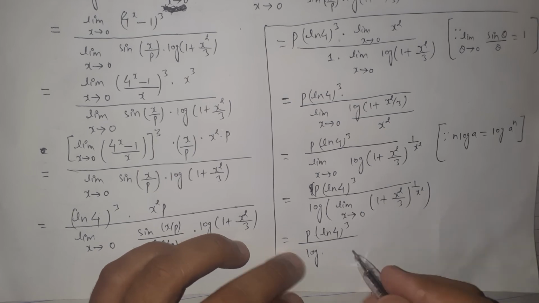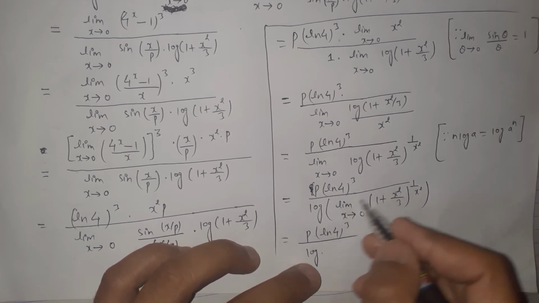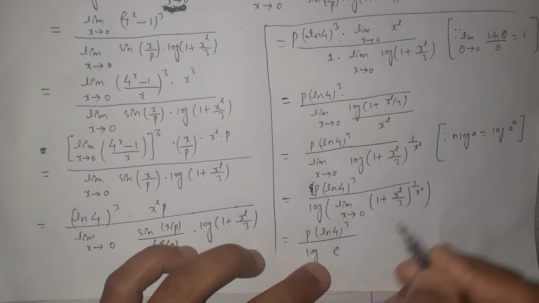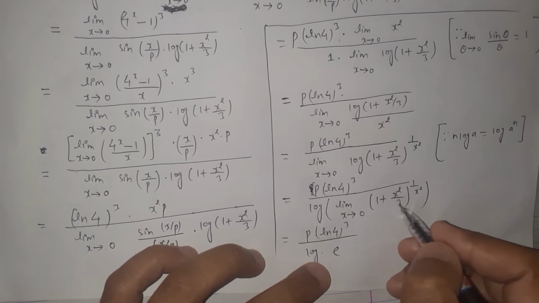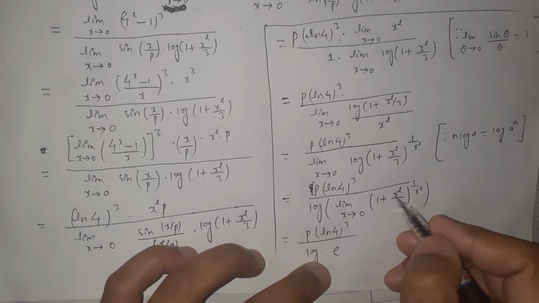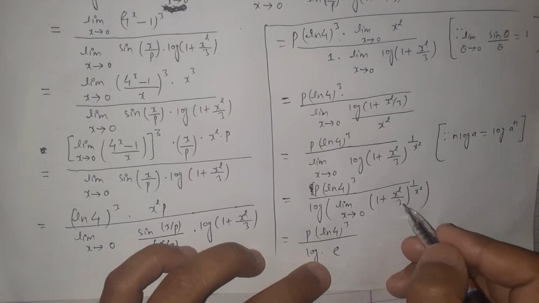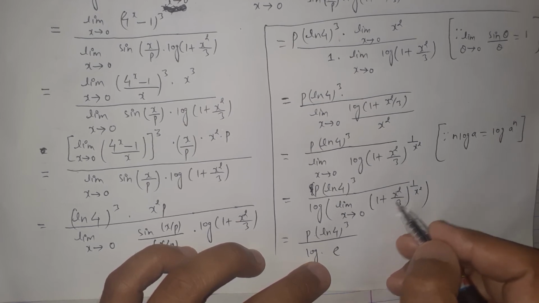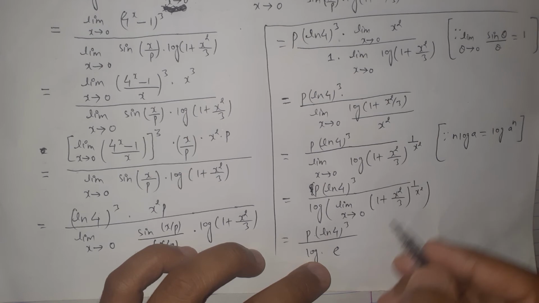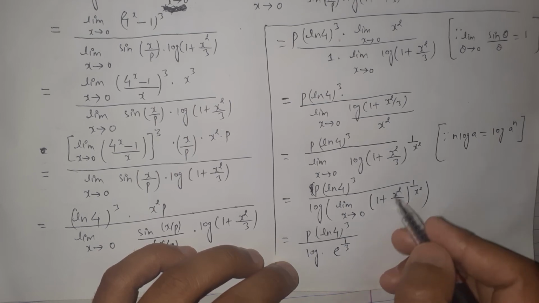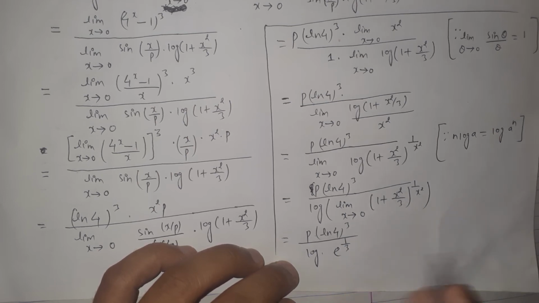This looks like the definition of the Euler number E. Here this is the Euler number, but there is some extra part here, 3 is divided, so we have to put the power of E such that it is the coefficient of this x square, and here the coefficient of the x square is just 1 over 3. Here we put the number 1 over 3, which is the coefficient of x square, to the power of E. Here the E is the Euler number.